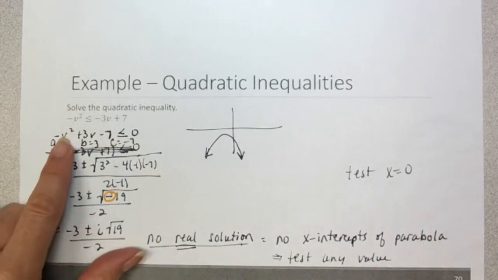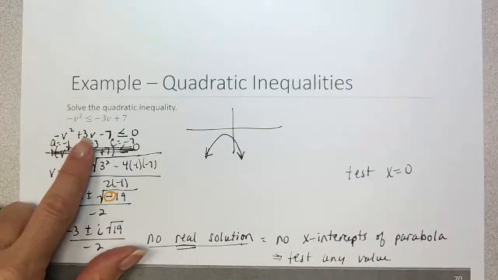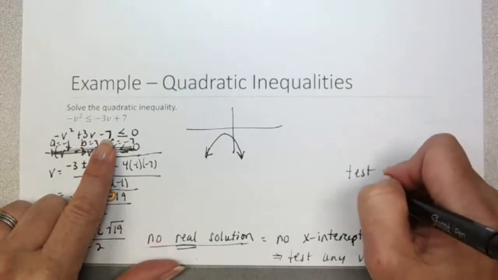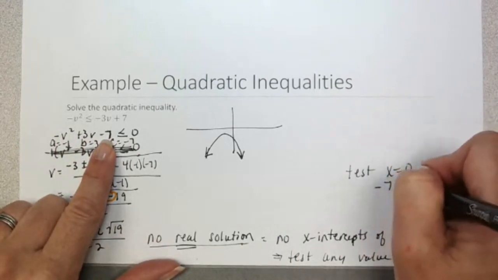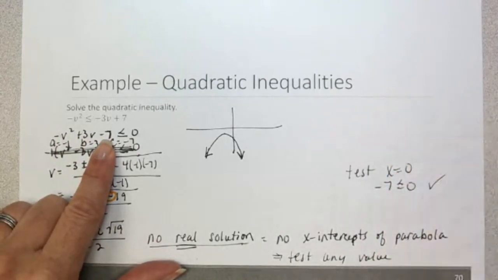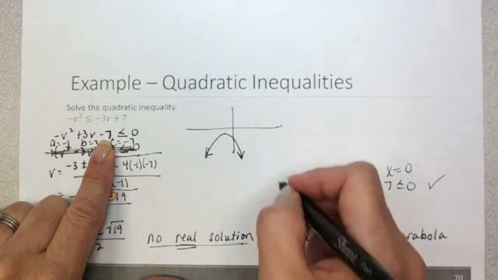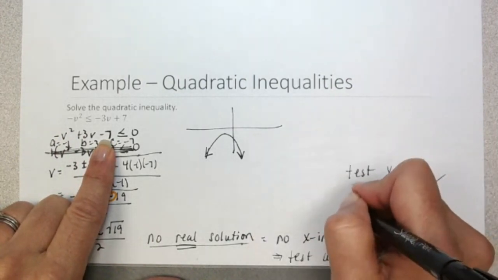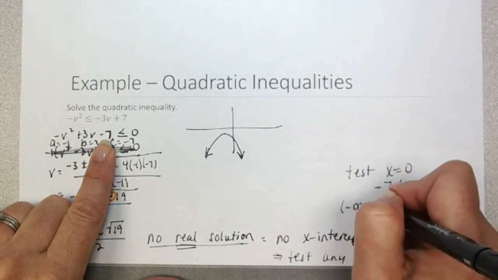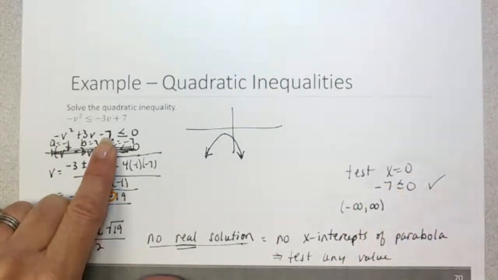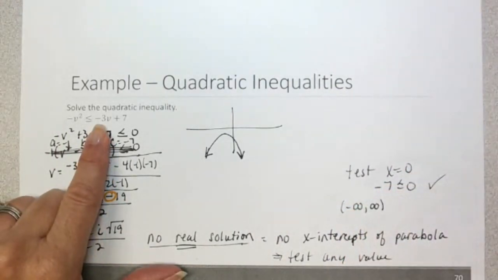Well, let's see. -0 squared, that's just 0 plus 3 times 0, 0 plus 0. So this is just going to be -7 is less than or equal to 0. Is that true? Yes, it is. That means that all values are going to be a solution here. So my answer is going to be -infinity to +infinity, right? That's the solution to that quadratic inequality.